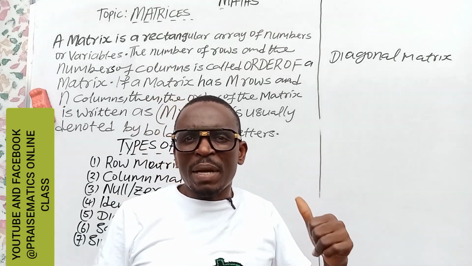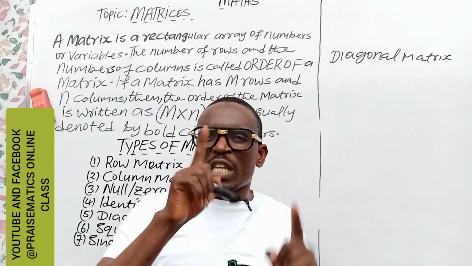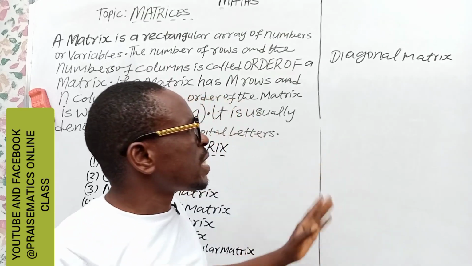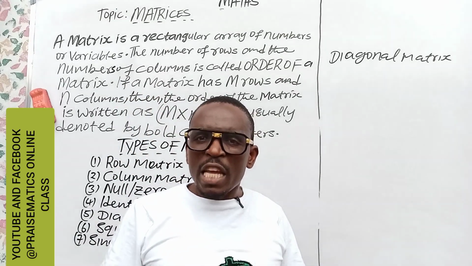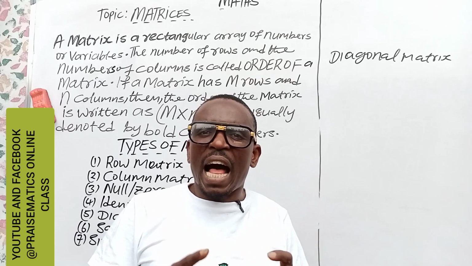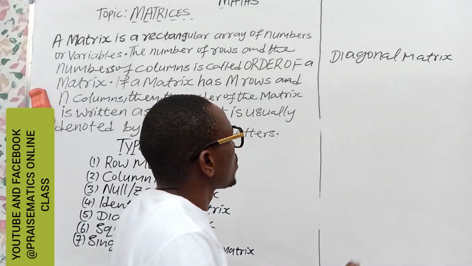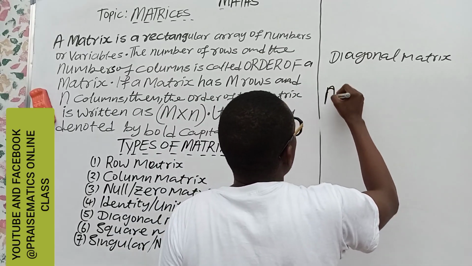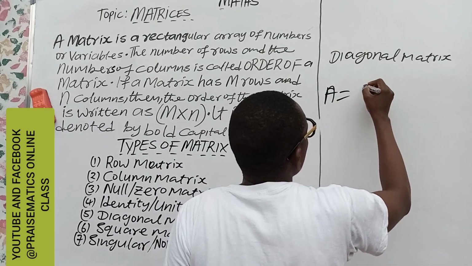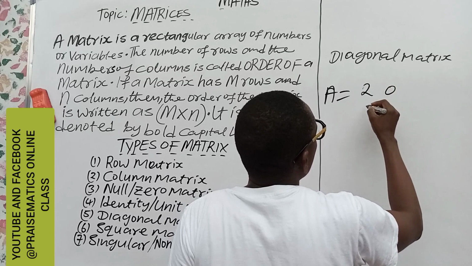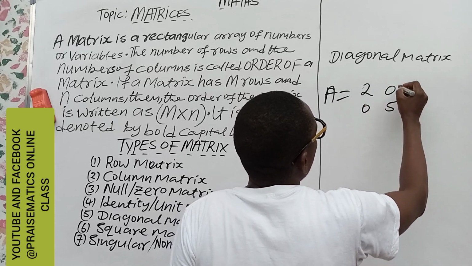But if it is identity matrices, their leading diagonals is a unit 1. Diagonal matrices is a type of matrix in which their leading diagonals are numbers and other entries are zeros. Example, A equals 2, 0, 0, 5.